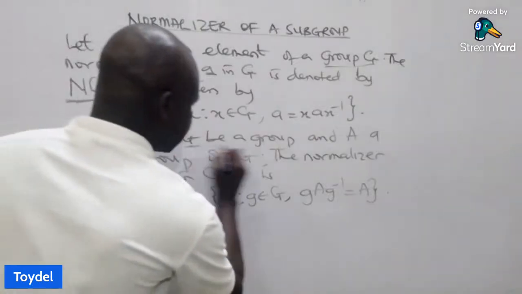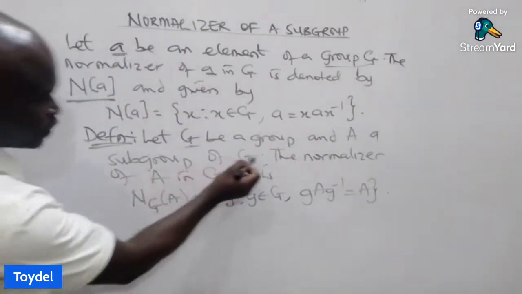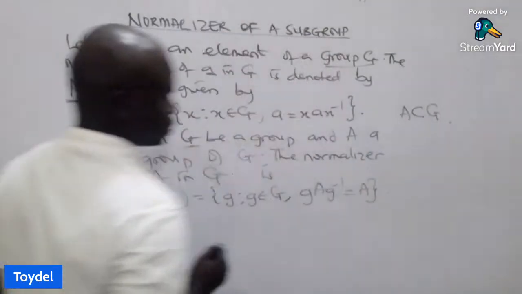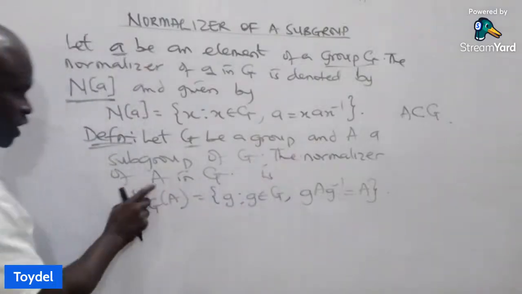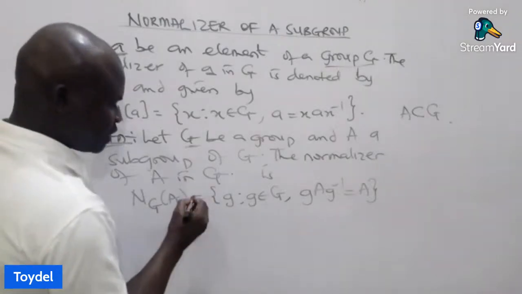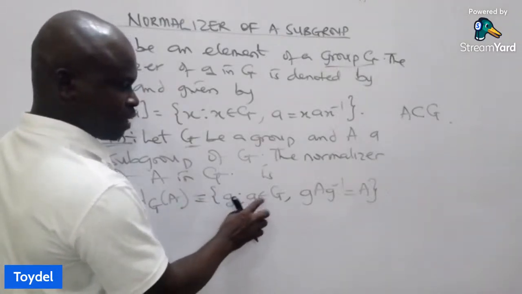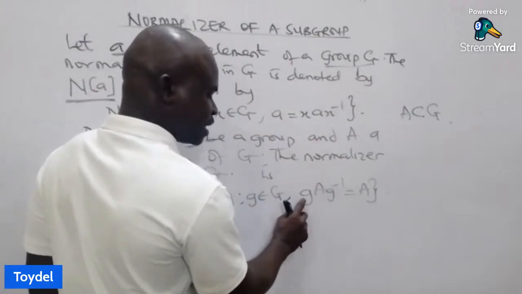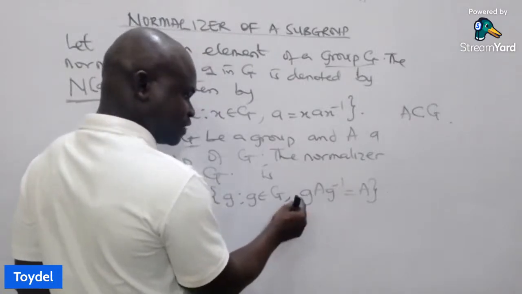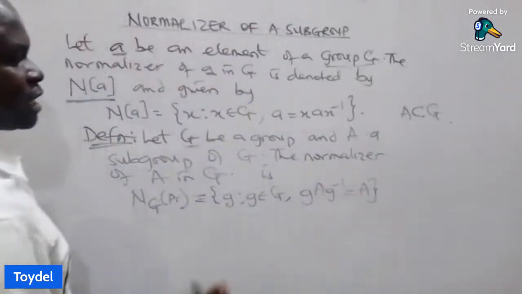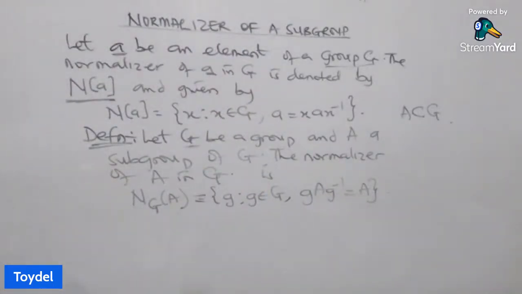Let G be a group, and A is a subgroup of G. Of course, if A is a subgroup of G, it simply means that A is a subset of G. So the normalizer of the subgroup A in G is defined as N_G(A), the set of g, where g is an element of the group, such that when we operate the element both at the left and the right, at the left g and at the right g inverse, g A g inverse is going to give us A. And that is the definition of a normalizer of a subgroup.